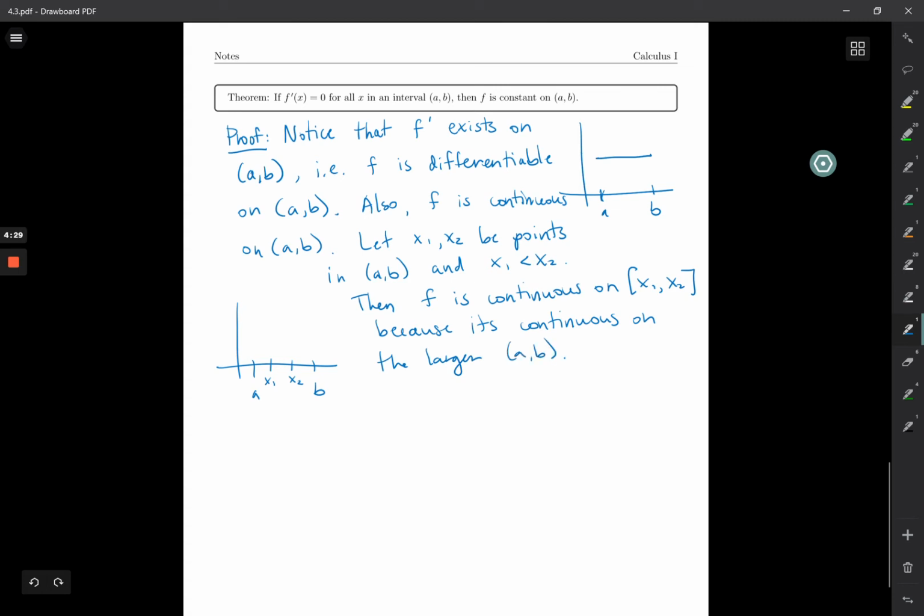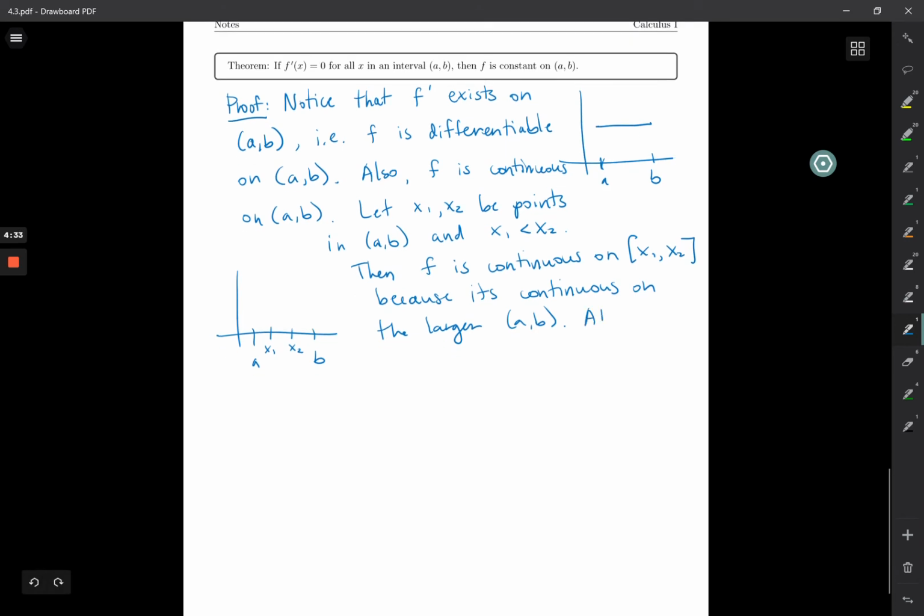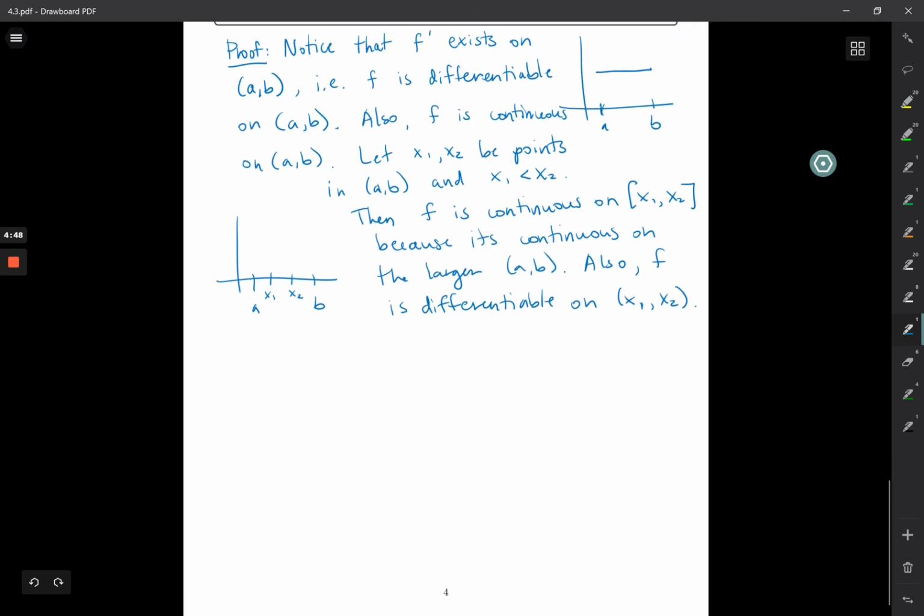And also f is differentiable on the open interval x1 to x2 because it's differentiable on the larger interval a to b. Okay, now we can apply the mean value theorem.